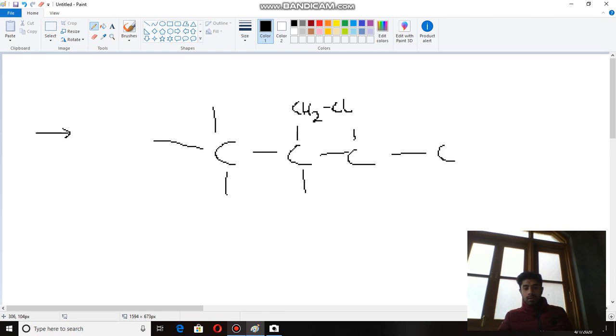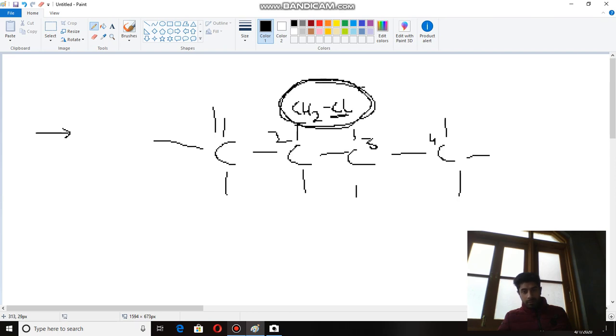I hope you are getting what I am trying to say. This chlorine is attached to this alkyl group, not to the parent chain directly. So while naming this compound, at 2 we have this methyl, and with this methyl we have this chlorine attached. So this group will become chloromethyl.